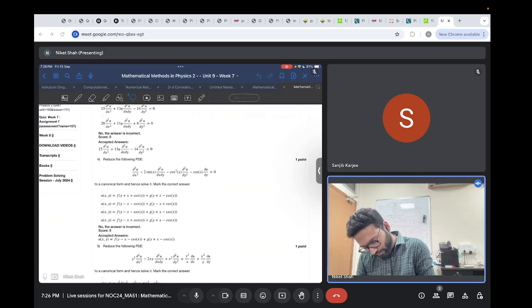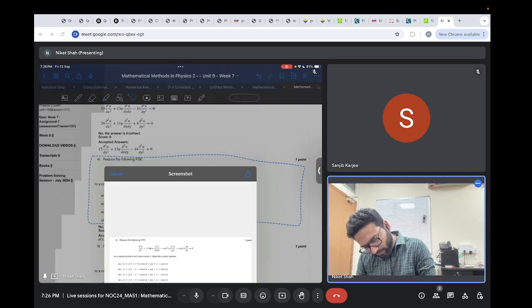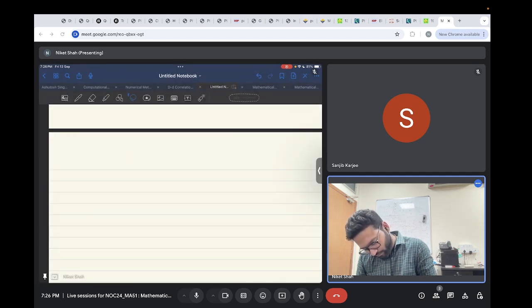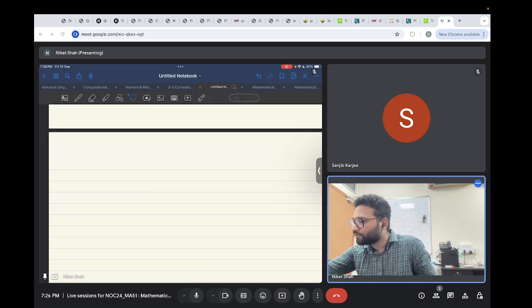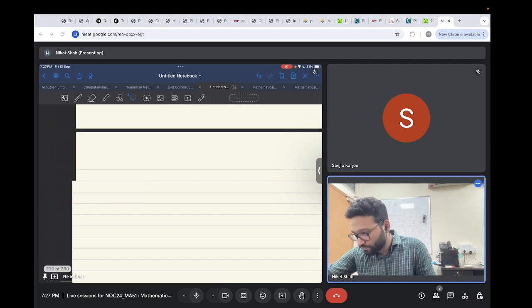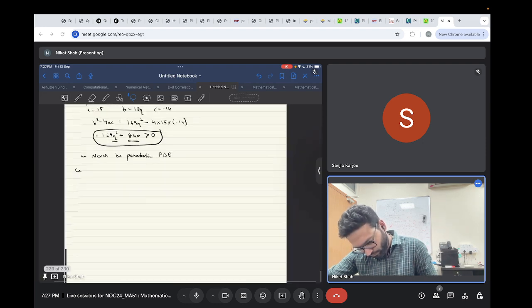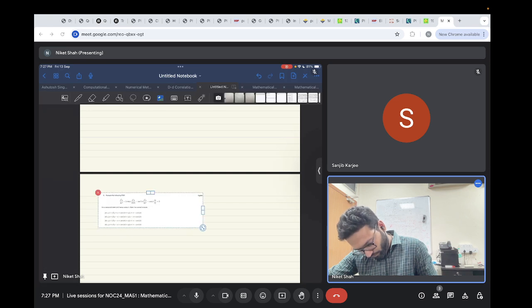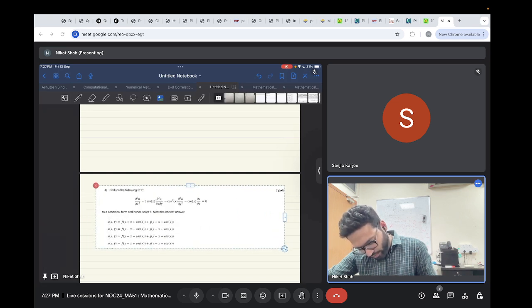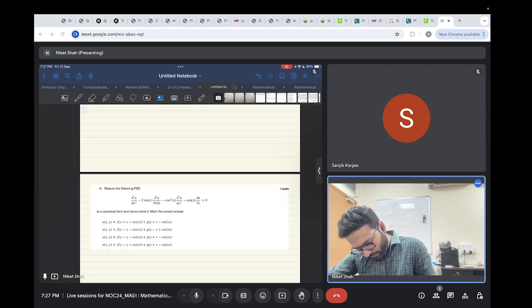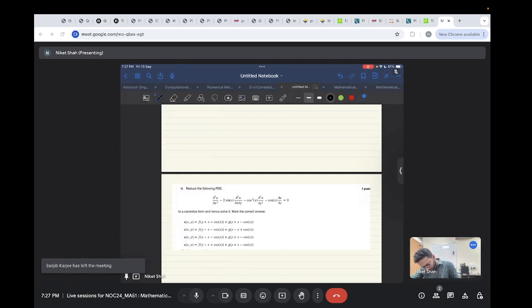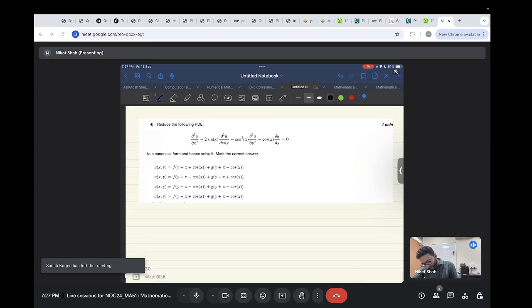Okay, the fourth one. What's the fourth question? So, reduce the following PDE.